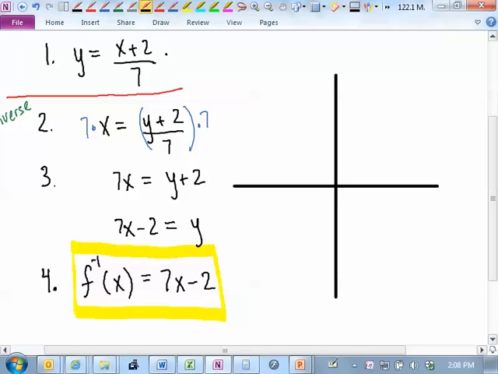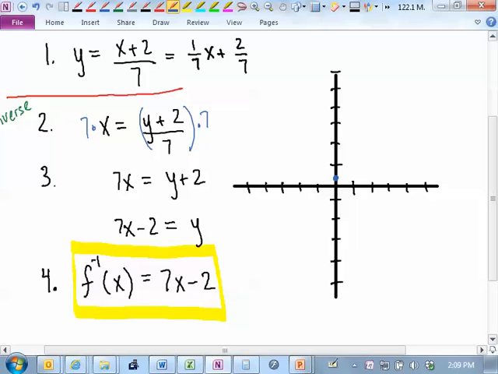This first one would have been nicer to look at as 1/7 x plus 2/7. And with that being the case, I'd want to make big blocks. Okay, and then the original graph would have started at 2/7, so maybe about right there.